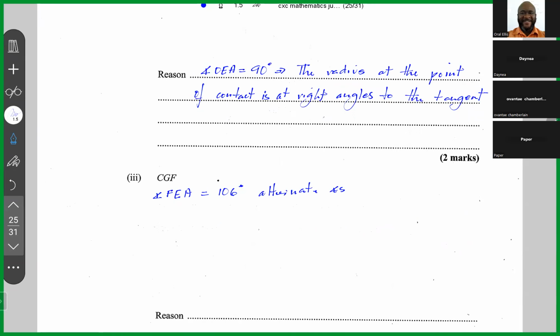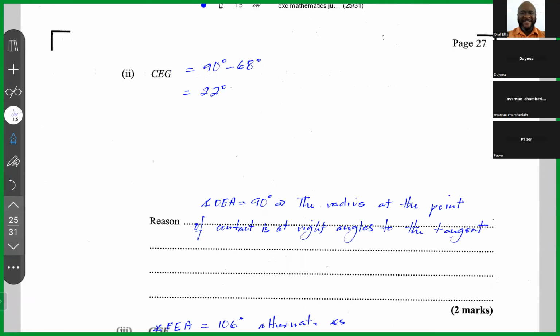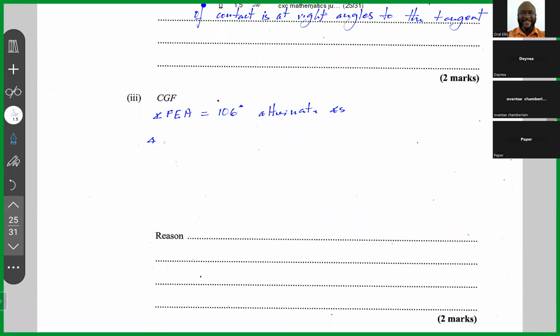Then I would say that angle CEF is equal to 106 minus 68, which is equal to how much? 38.